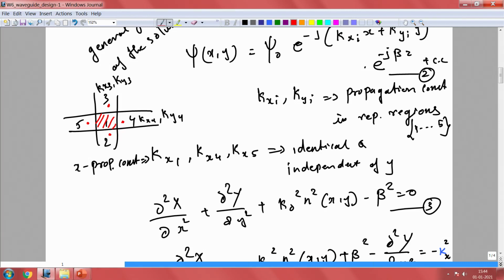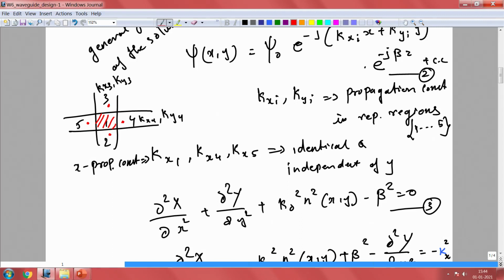Okay. That is very important. Similarly for 1, 4 and 5, you will have oscillating solutions, let us say in the y direction, but in the x direction you should have a decaying solution for 4 and 5.